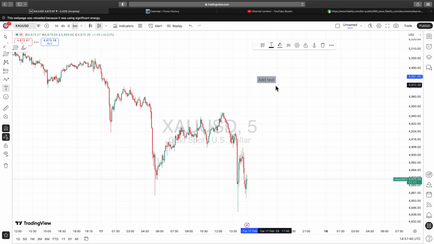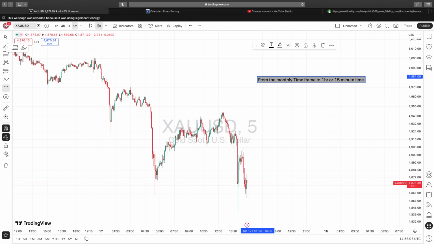We start analyzing the market from the monthly time frame to the 1 hour time frame, or even to 15 minutes, the time frame for sniper entries.